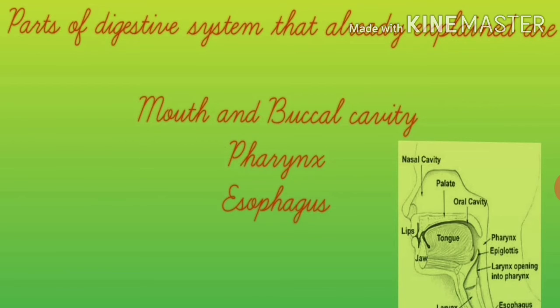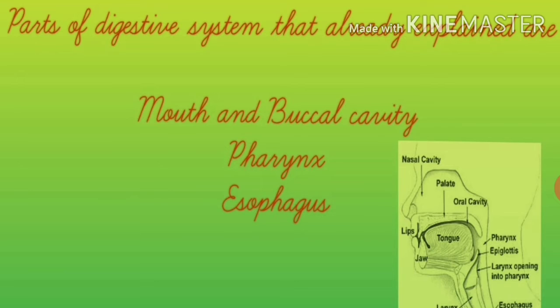Before that, see this picture: nasal cavity, lips, tongue, pharynx. Now give me the answer, what is pharynx? Do you remember? I already explained it to you. The pharynx is a common passage for food and air.